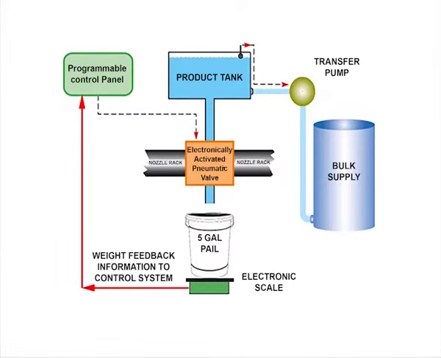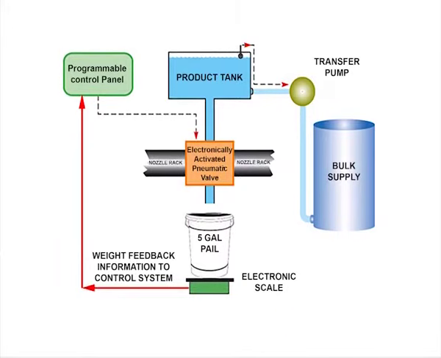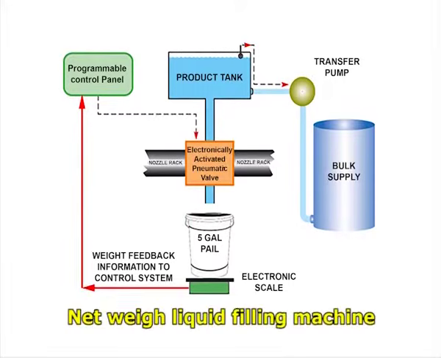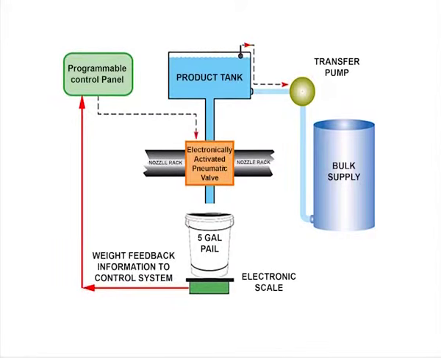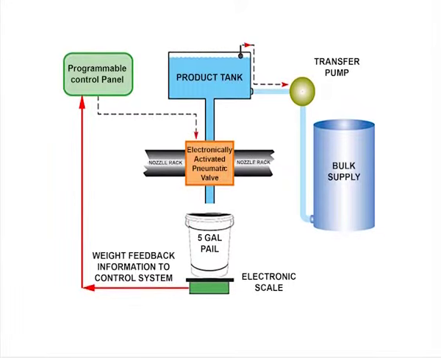The operation of this type of filling machine is simple. The product bulk supply is pumped into a holding tank above a pneumatically operated valve. The valve opens and real-time net weight information is monitored until the target weight is achieved. The valve simply shuts when the target weight is achieved.